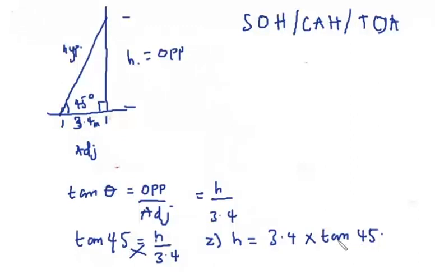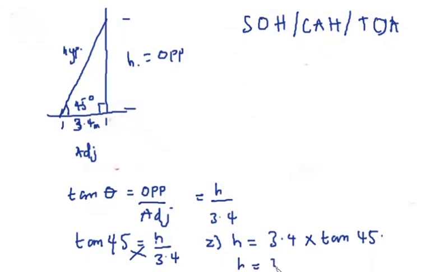From the calculator, tan 45 equals 1, so h equals 3.4 times 1, which is 3.4 meters, because the other unit is in meters.